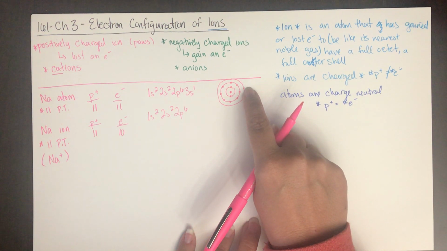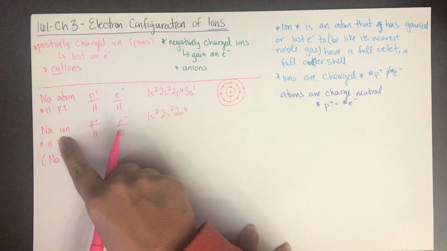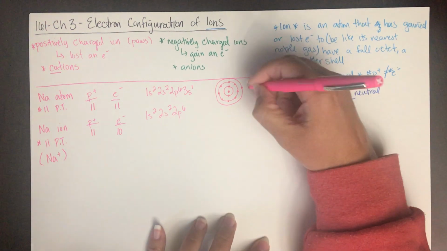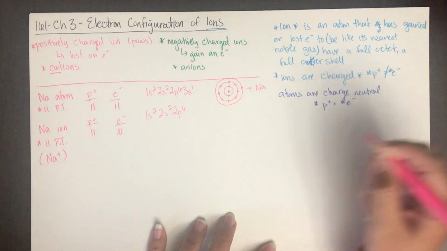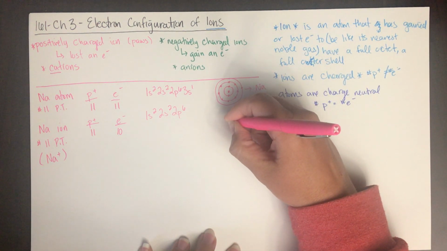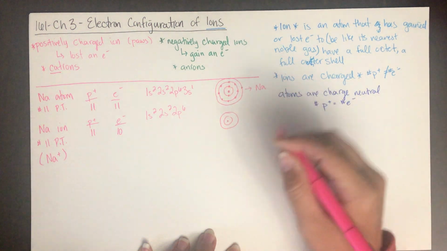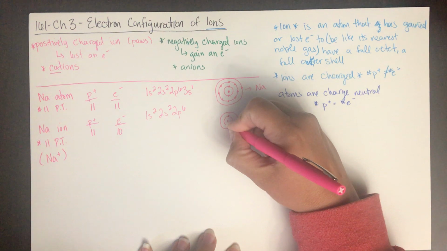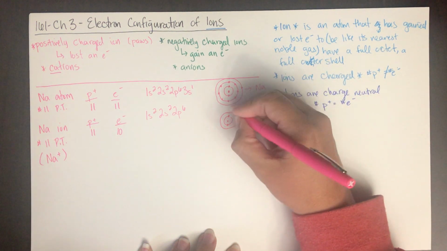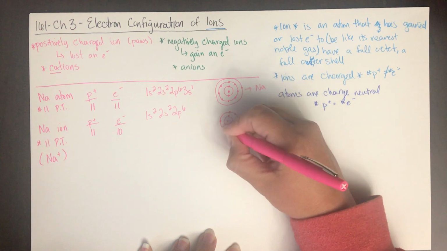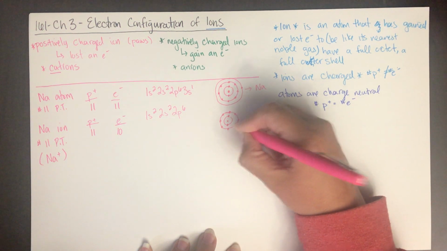So what this sodium atom is doing to become like the sodium ion is it's losing this 1 electron, then it gets rid of this whole shell. So here's the sodium atom. Now let's look at the sodium ion. So 1, 2, 3, 4, 5, 6, 7, 8, 9, 10.